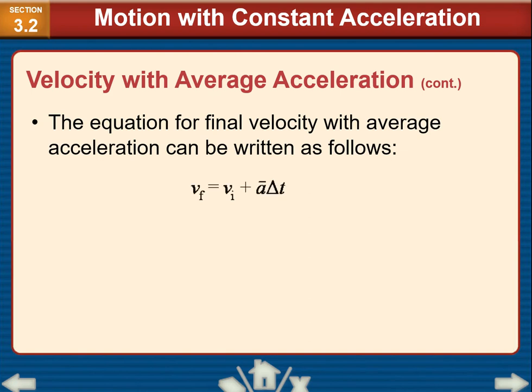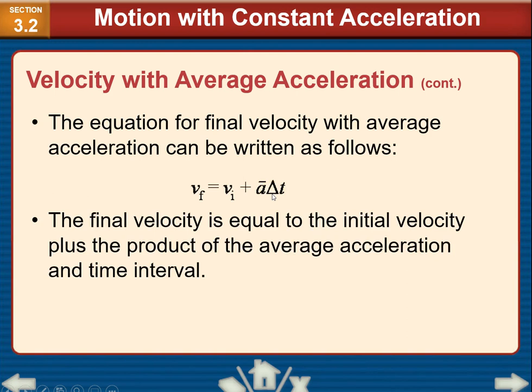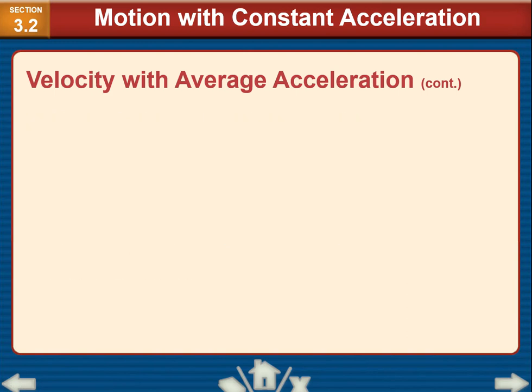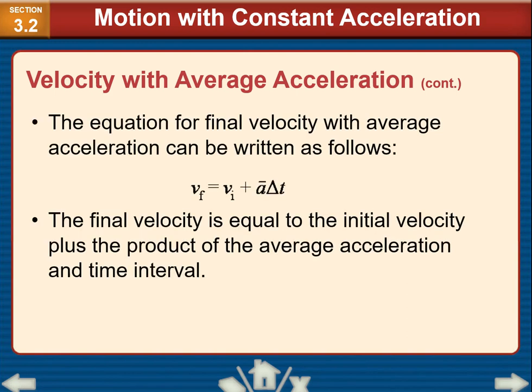So we can write it like this, because vf minus vi is equal to at, as in the previous equation. So this is another one: if we're looking for final speed and we know our initial speed, take acceleration times time, add our initial speed to it, and we get our final speed.